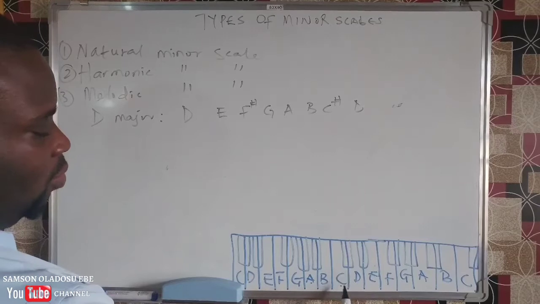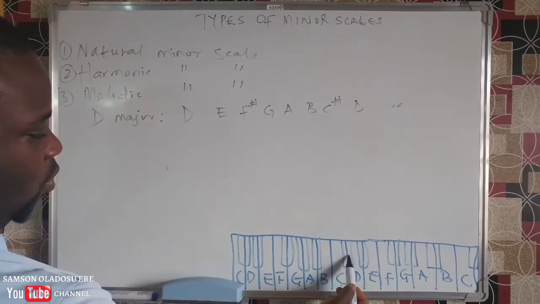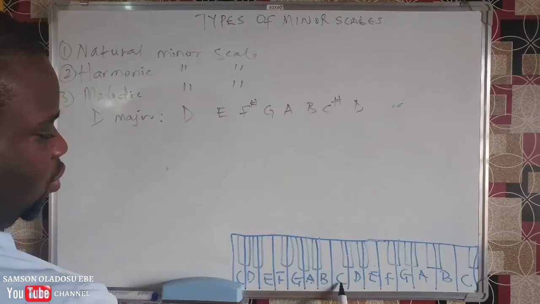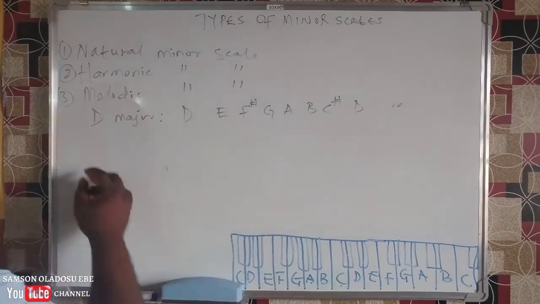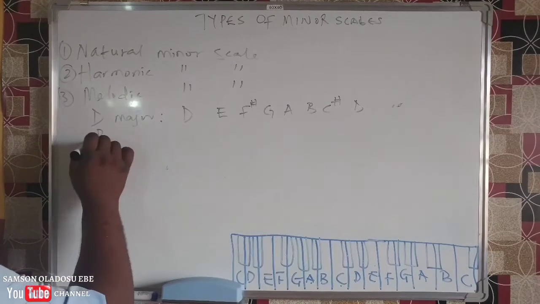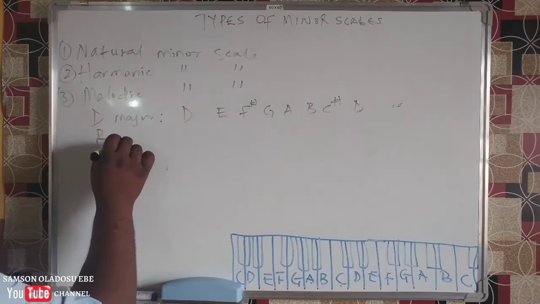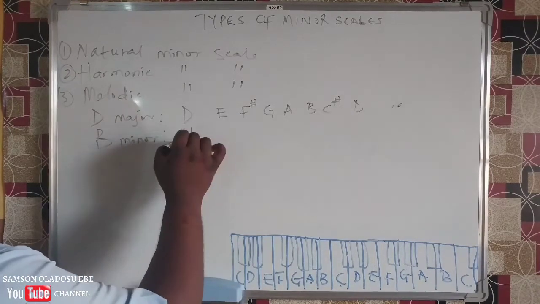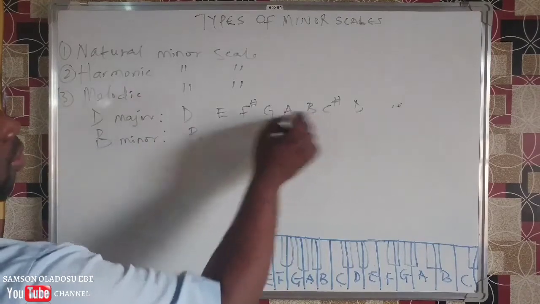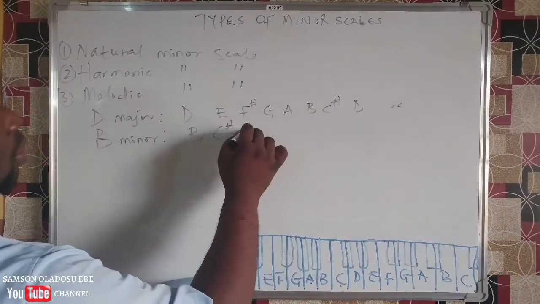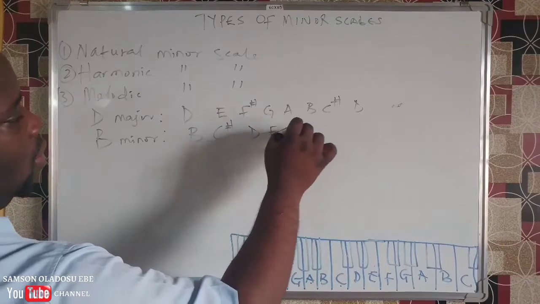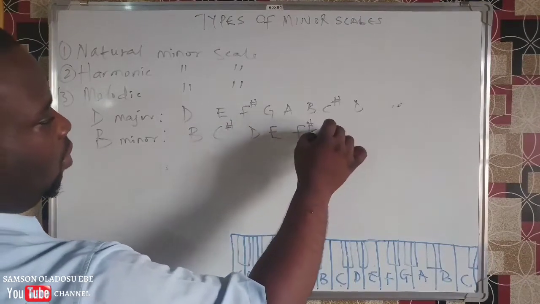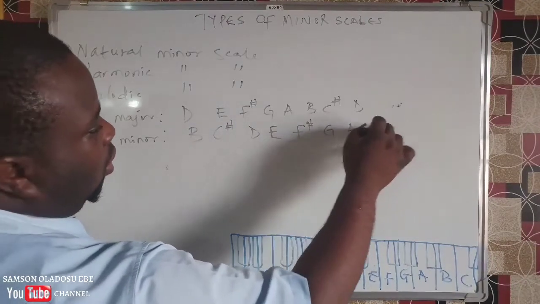Count 3 from D. D to C sharp is 1, C sharp to C is 2, C to B is 3. So it's B minor. The relative minor of D major is B minor, and it will consist of B, C sharp, D, E, F sharp, G, A, and B.